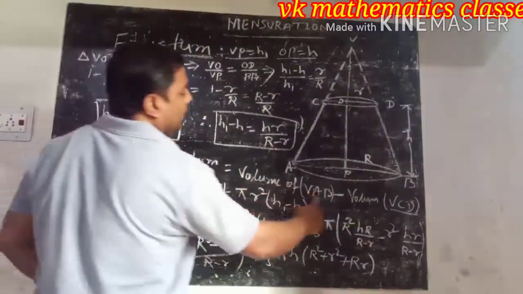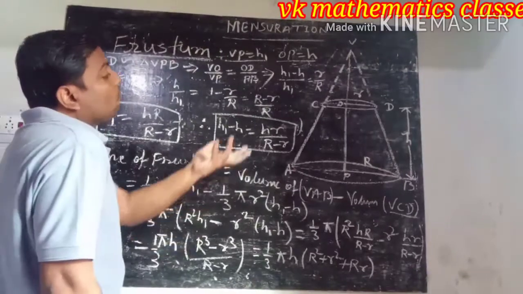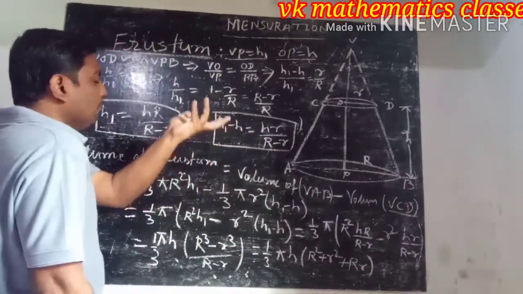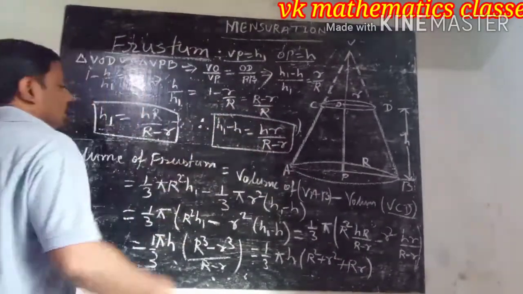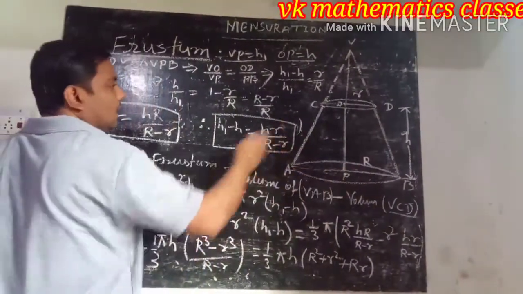Therefore the volume of VAB, we know that the volume of a cone is equal to 1 by 3 pi r square h. Here R is R and h is H1.